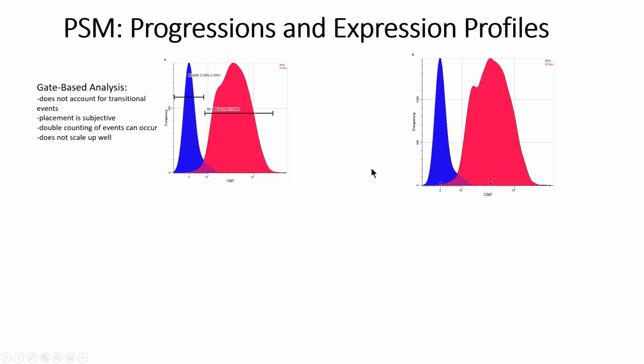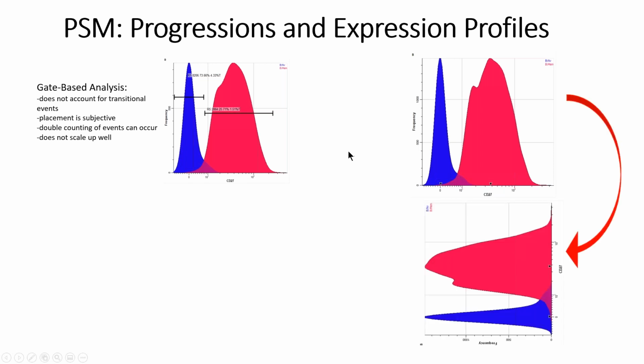To demonstrate modeling of a progression, we'll start again with that same CD27 histogram. If we turn that on its side, again, we have a negative population here in blue and the positive population in red. The x-axis is frequency and the y-axis is intensity.